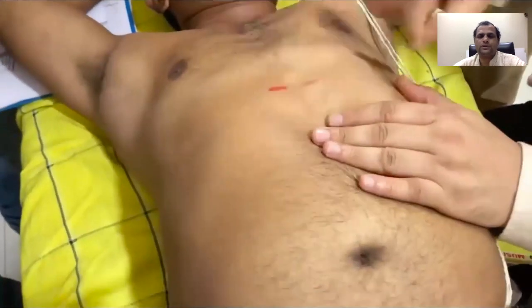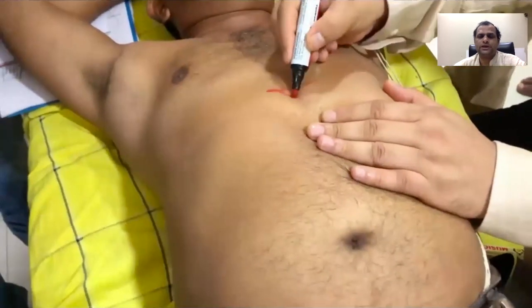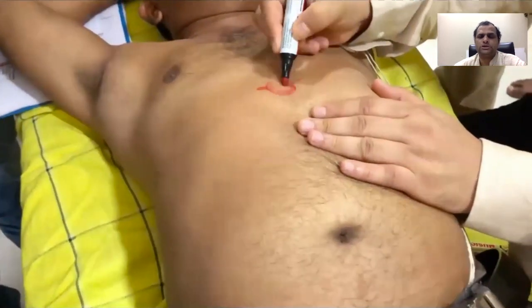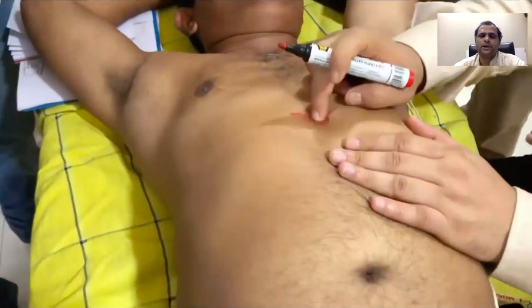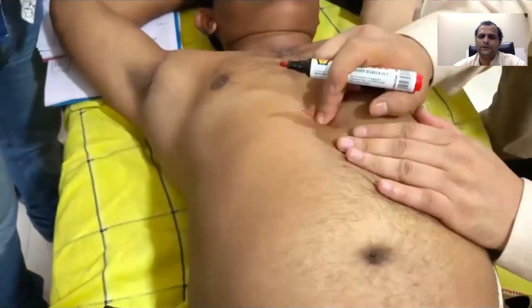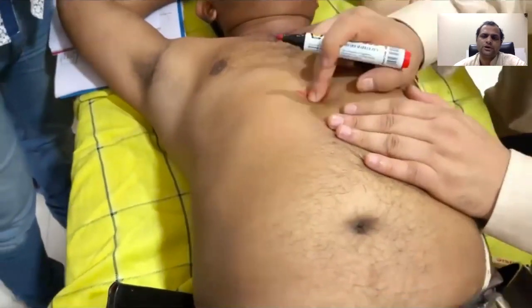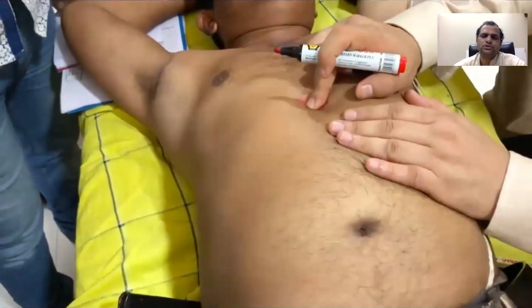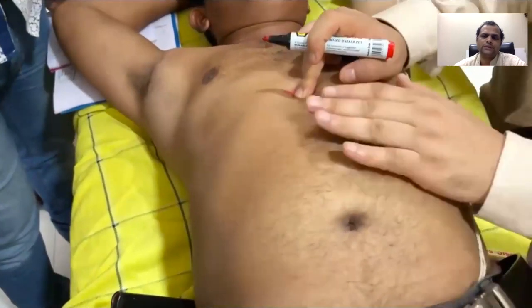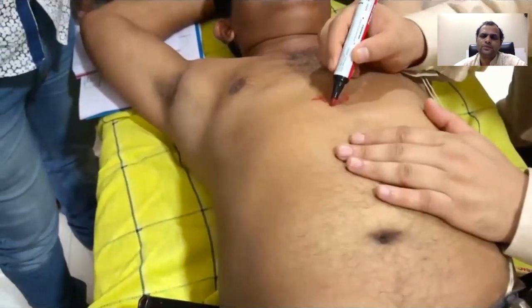The problem may be in the brain, in the cerebrum, cerebellum, basal ganglia, any part of the brain. So we are pressing this point, and if this point is tender and painful, it shows the pathology and the problem of the brain.